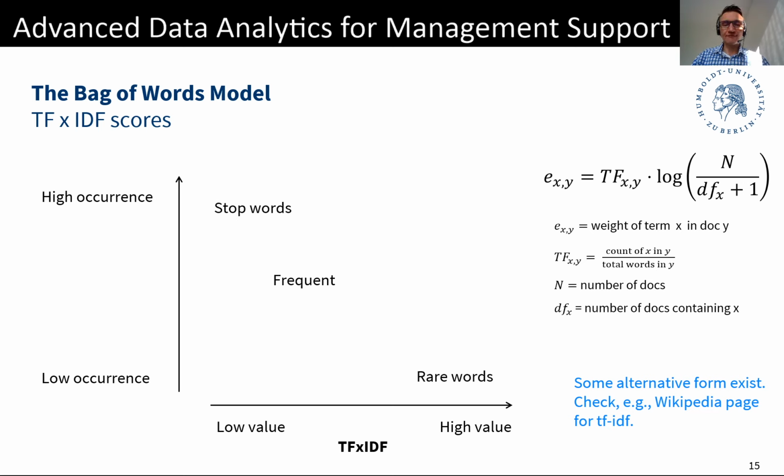So the TF-IDF score of 0 is an extreme case, thanks to this normalization with the log, that indicates that a word is super frequent. And such words often are stop words. That's also shown in this graph here. But on the other hand, a word being used in every document is an extreme case.